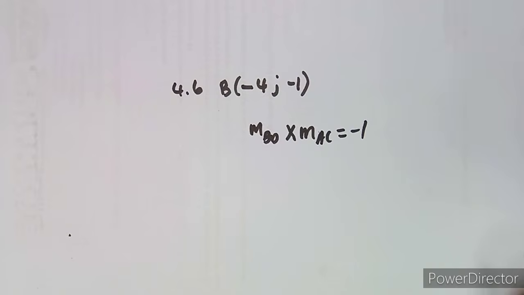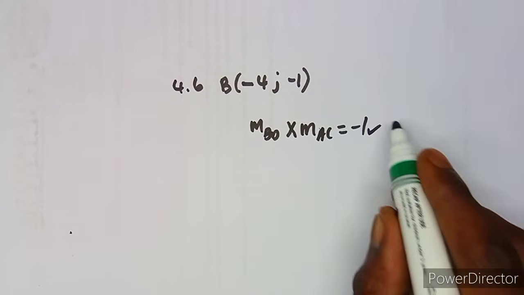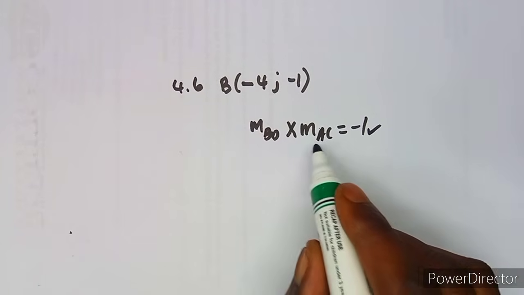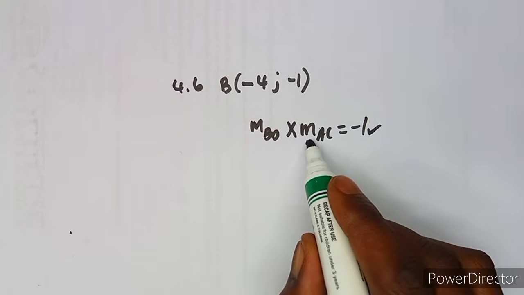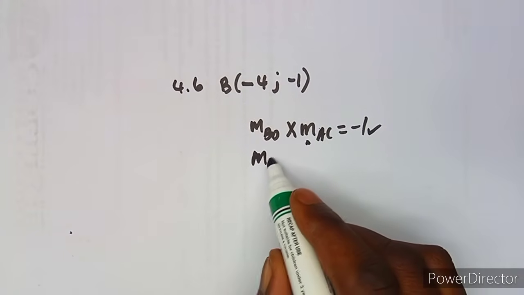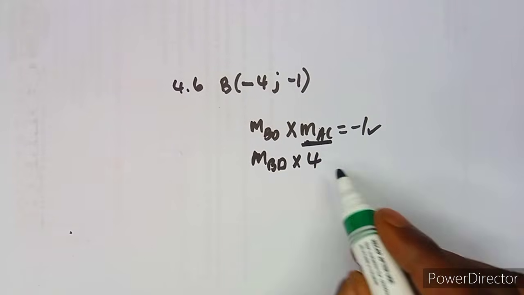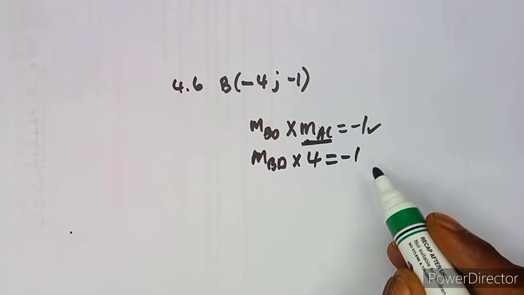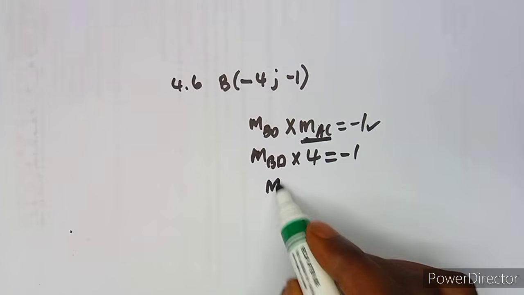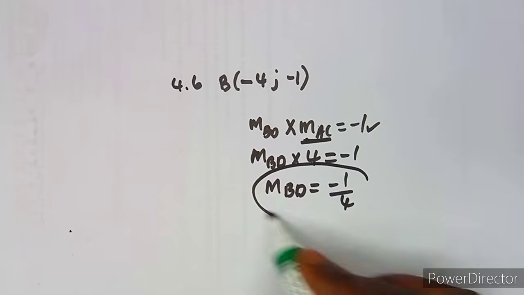So if two lines are perpendicular, the product of their gradients is -1. We have the gradient of AC, which we calculated before. The gradient of BD, the one that we want to calculate, multiplied by the gradient of AC, which is 4, must give -1. So you divide by 4, which means the gradient of BD in this case is -1/4.